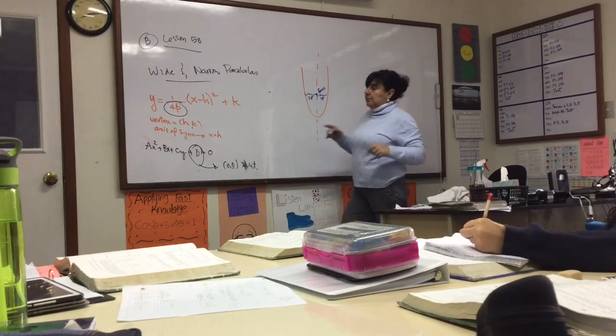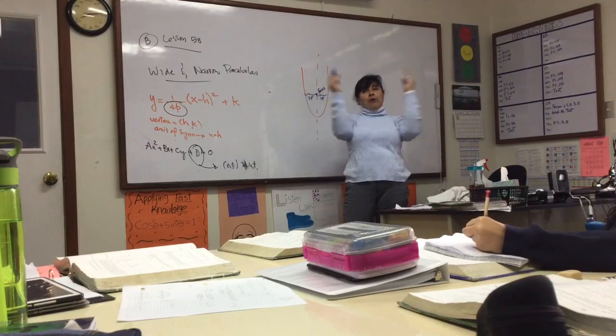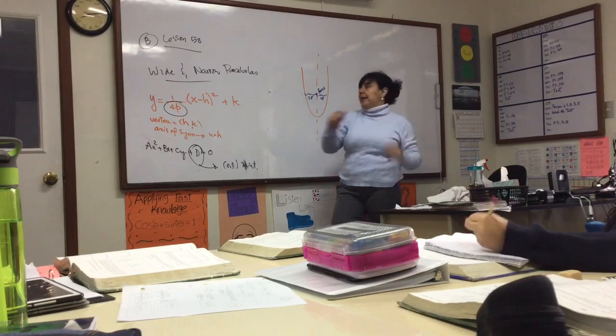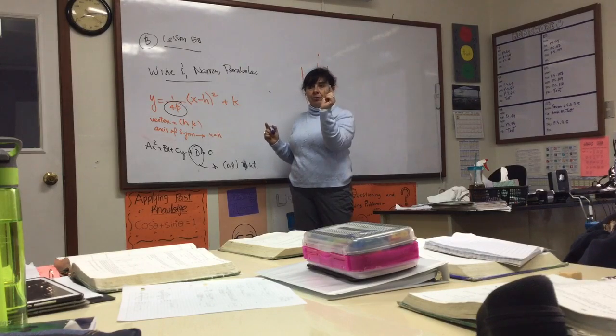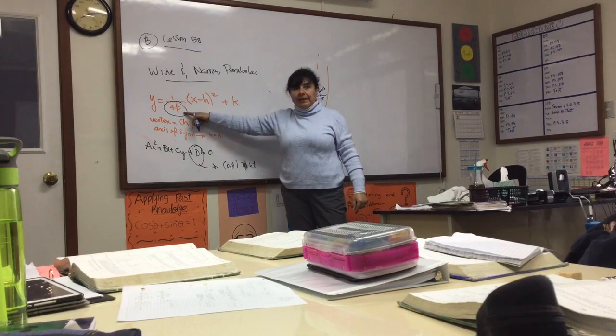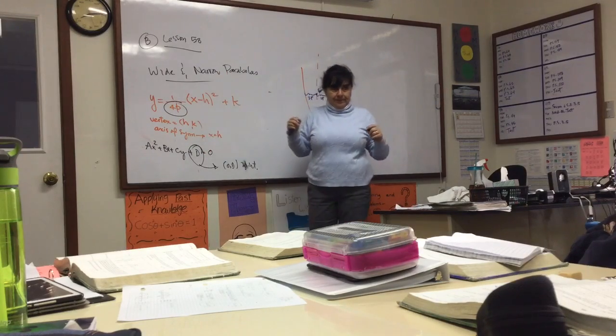That's why, depending on that number there, you will know if it's a wide parabola or if it's a narrow parabola. If it's a big number up here, it's really narrow. If it's a little number here, if it's a fraction, it's a wide parabola, okay?